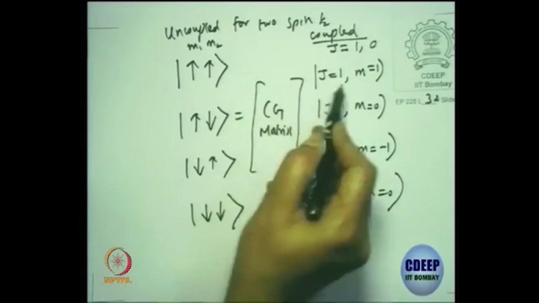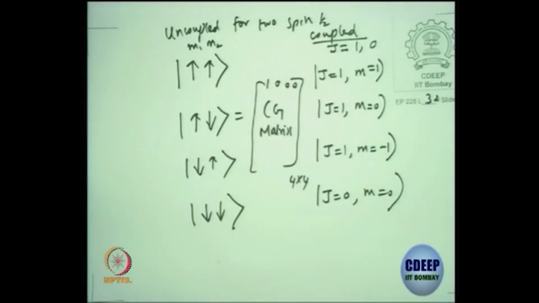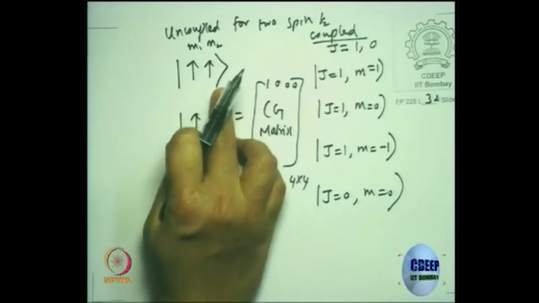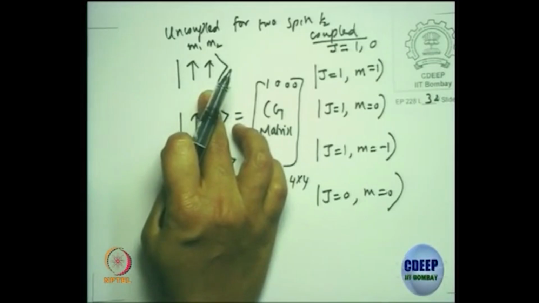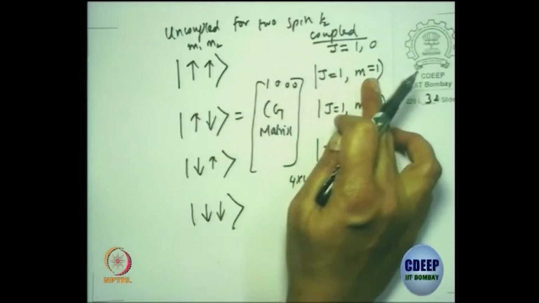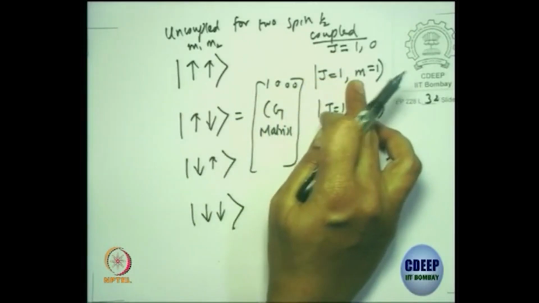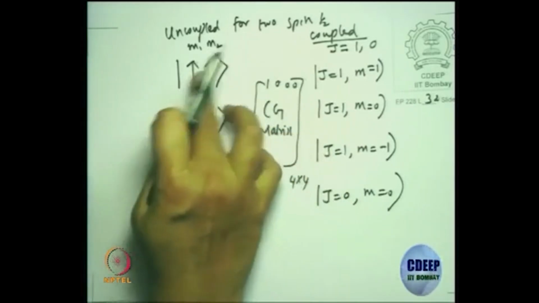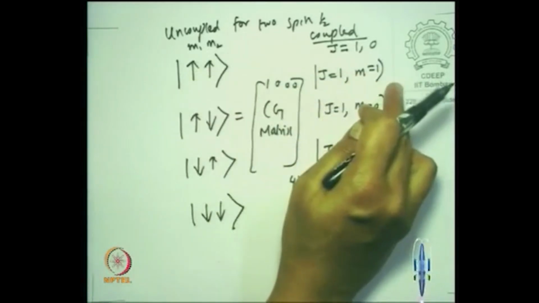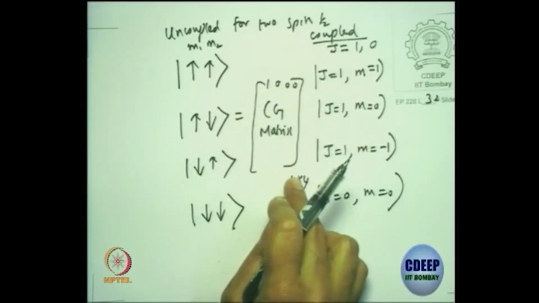The first row here is 1, 0, 0. You agree? This state is a stretch state. I said that the coefficient of this is 1, provided M1 plus M2 is M equal to 1. Others are all 0 in the 4 by 4 matrix.